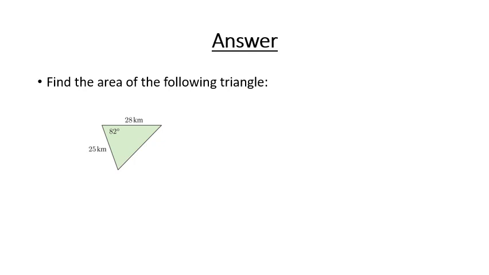Okay, so let's see how you went. Remember that the area formula is a half ab sine C. In this particular case, our a can be 28 or 25, it doesn't particularly matter. Let's call it 28.